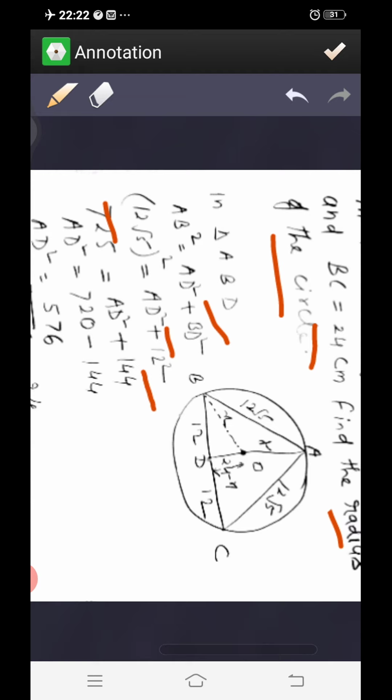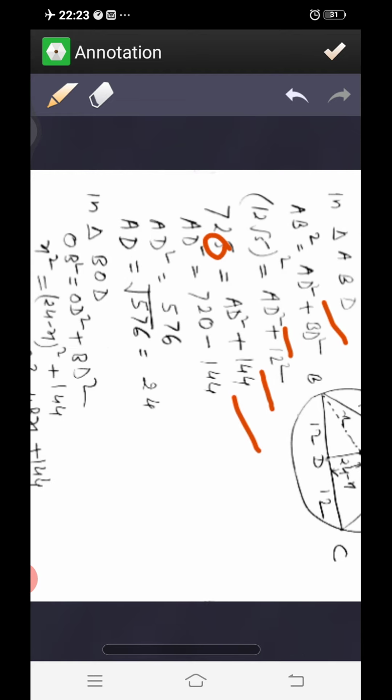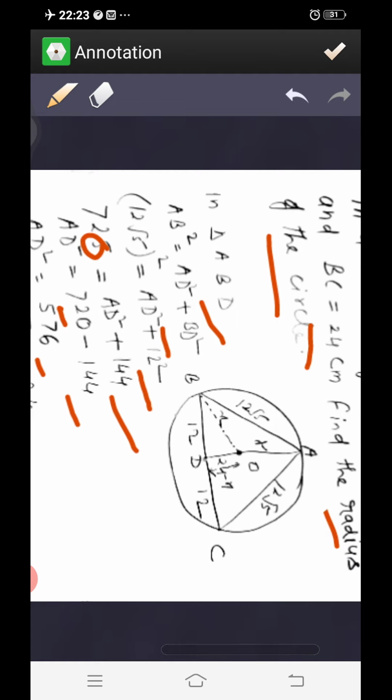The square of 12 under root 5 is 720, equal to AD square plus 144. So AD square is equal to 720 minus 144, so AD square equal to 576. So AD will be under root 576, that is 24 centimeter. We are getting this AD.